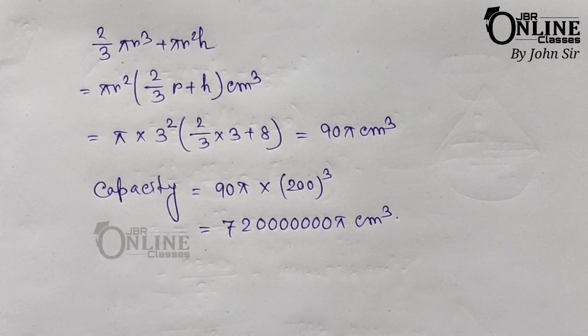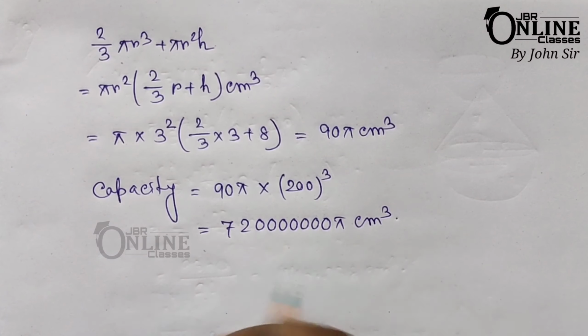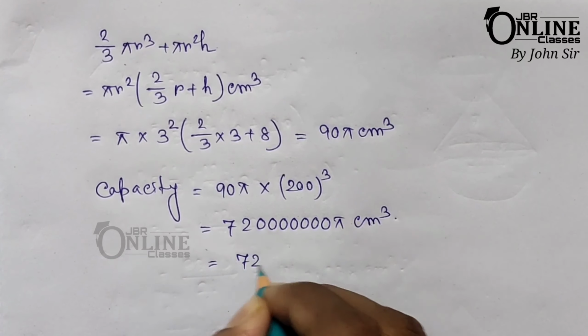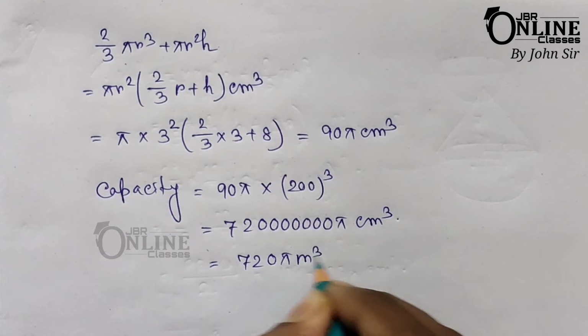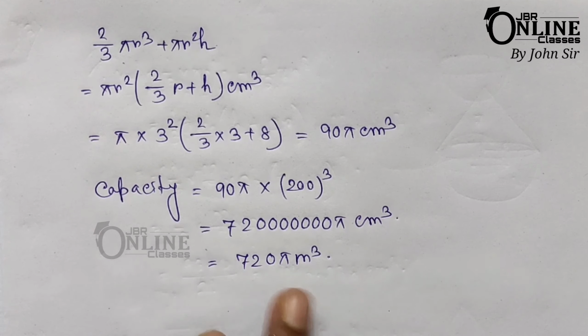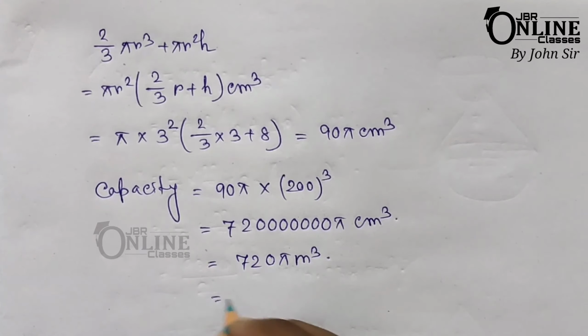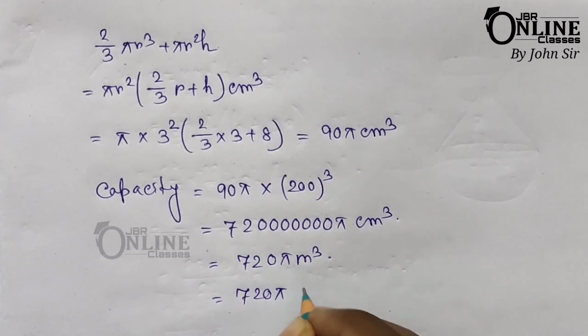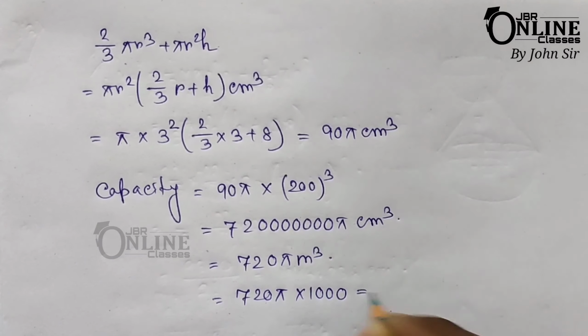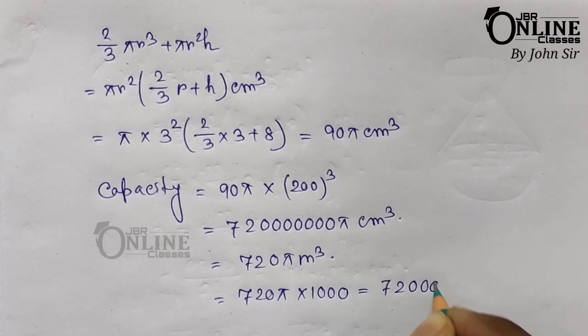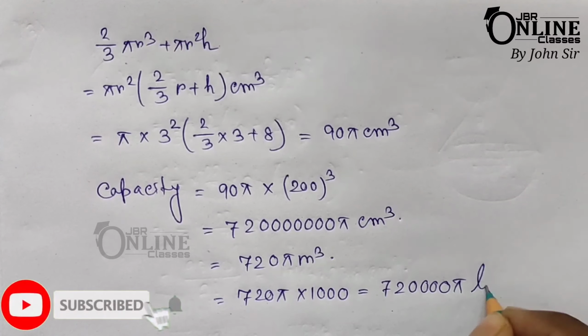Okay, now next thing, you have to change it into meter cube first. So that becomes 720 pi meter cube. After that you have to change it into liters. So just multiply 720 pi into 1000, and that becomes 720 and another 30 pi liter.